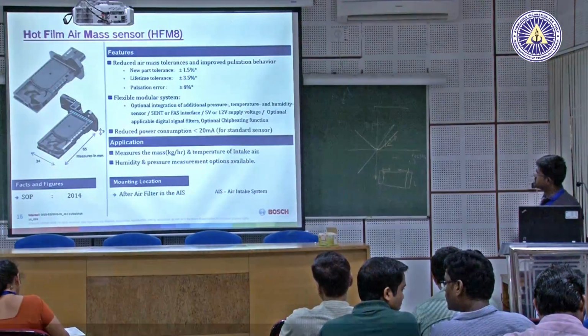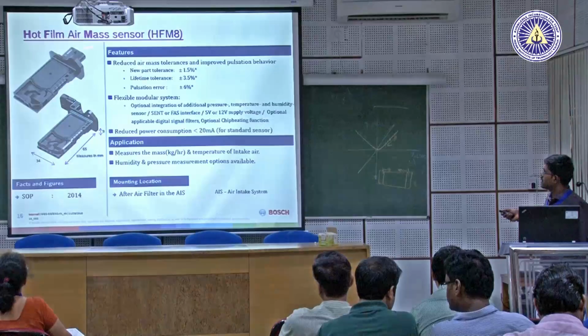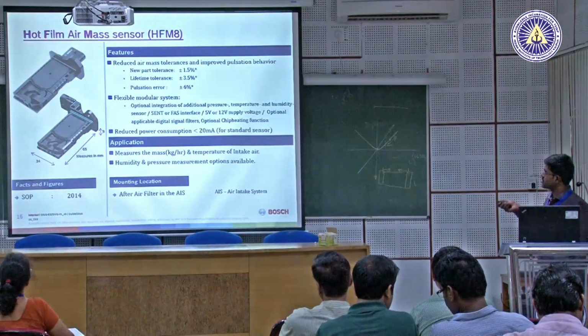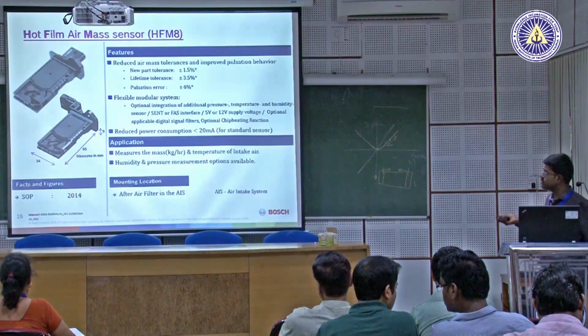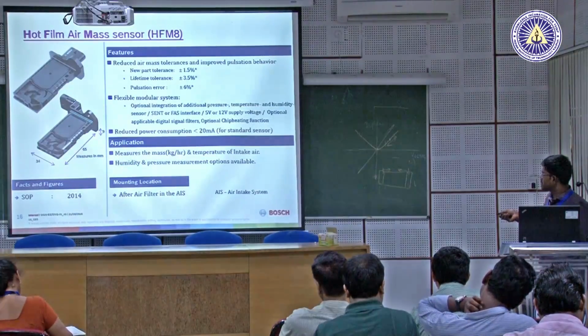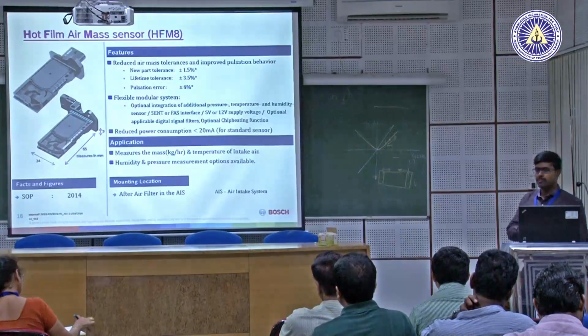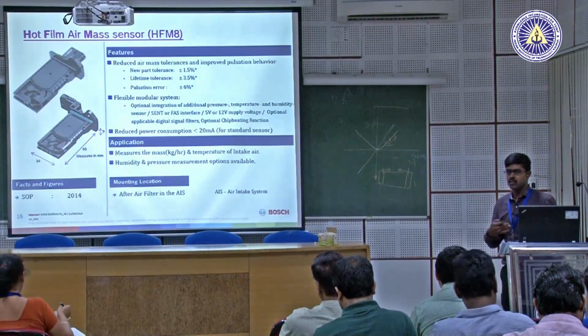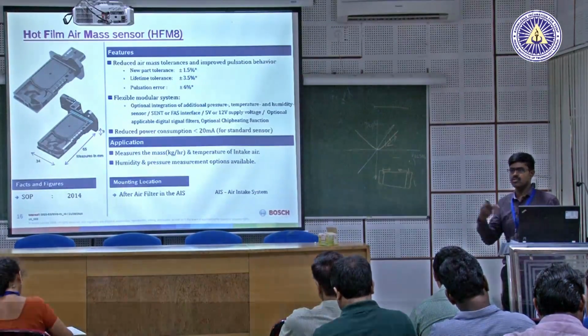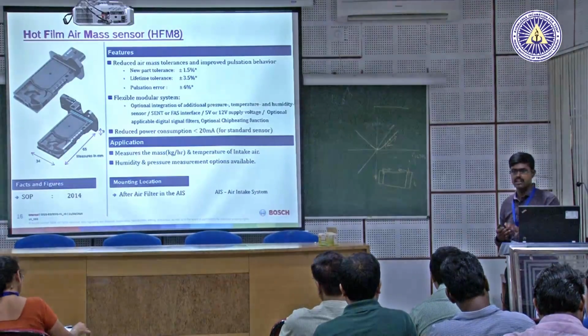Next comes the air mass sensor. This hot film air mass sensor, we will see why it is called a hot film air mass sensor in the principle. It measures the mass of the intake air. The pressure sensor gives the pressure of the intake air, through which we calculate the amount of air based on the throttle valve opening. That is a calculation.